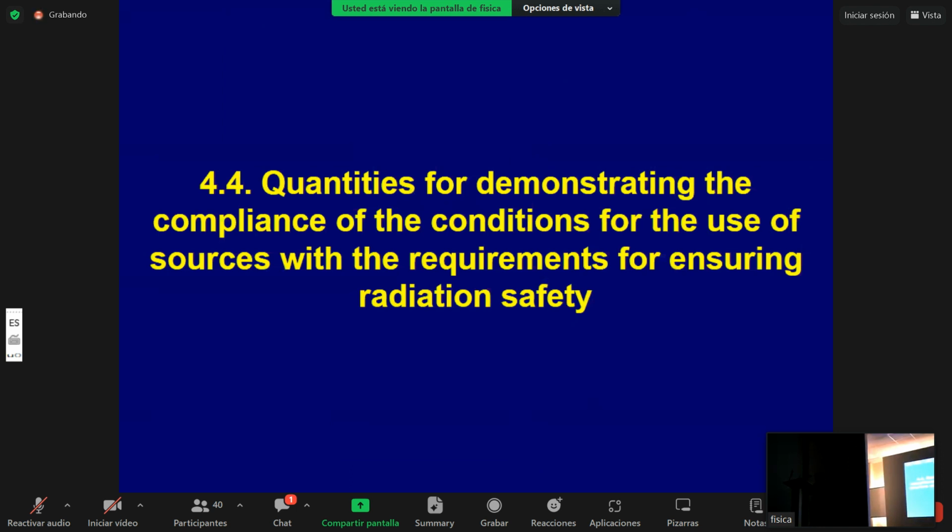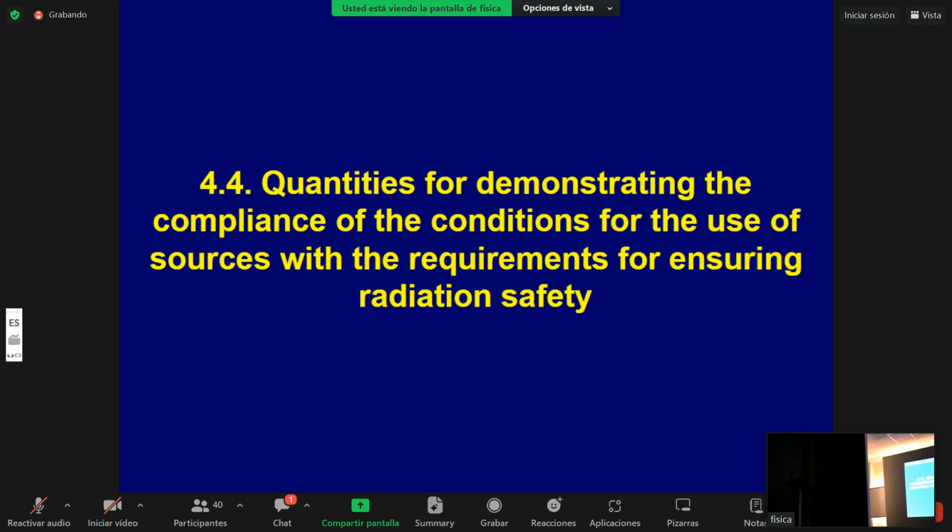Basic for demonstrating the compliance of the conditions for the use of radiation sources with the requirements for ensuring radiation safety is the determination of the individual dose of a person accumulated during the monitoring period, regulated by the standards.